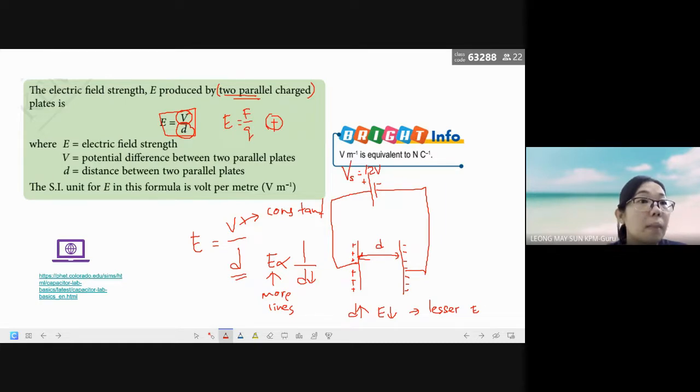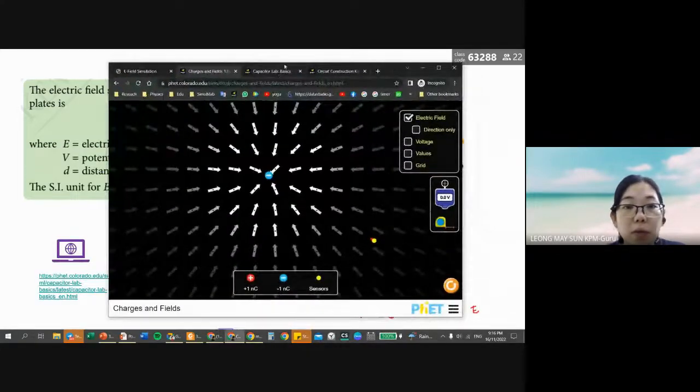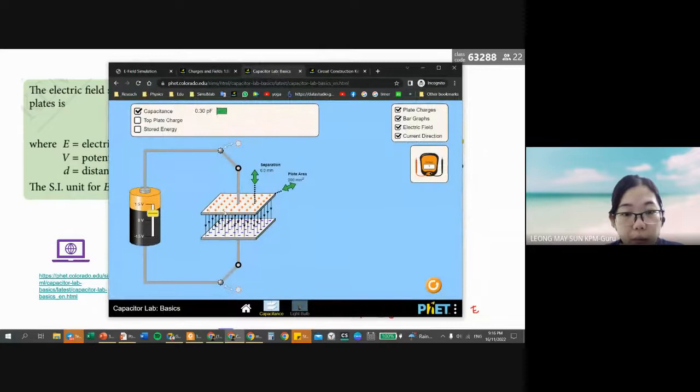So over here, we have a battery, 1.5 volts. I have two charged plates. When there's no battery, there's no charge, so you need to make sure that you switch on the charge. Even if I put it out like this, there's no charge.